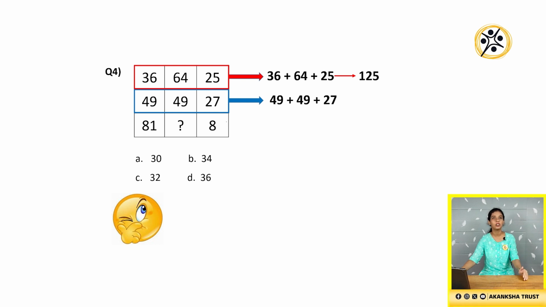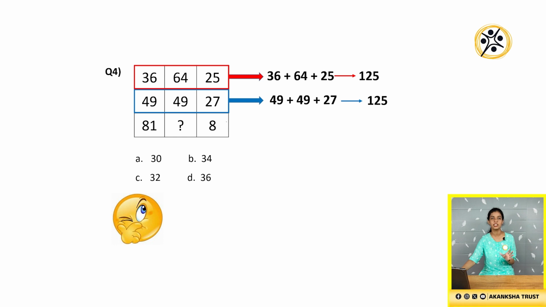Let us also check the sum of the entries across the second row as well. When we add 49 plus 49 plus 27, we again get the sum as 125. So it means that the sum of the third row entries should also be 125.